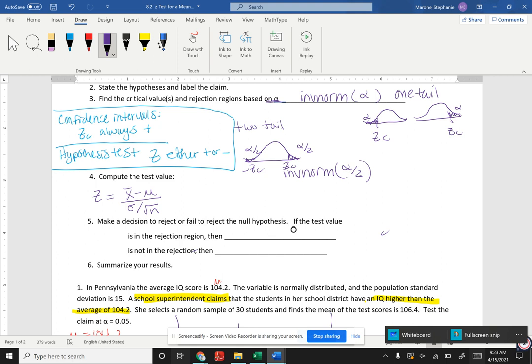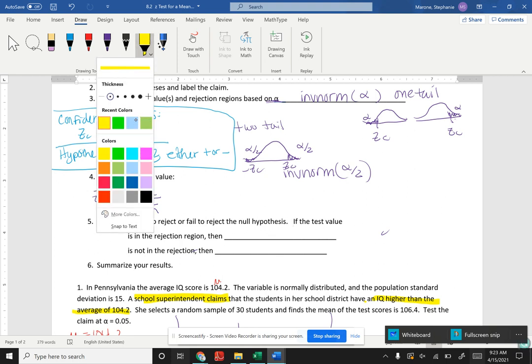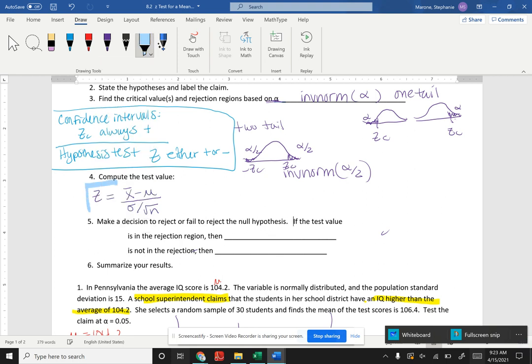You used that formula before. We either call it the test value or the test statistic.